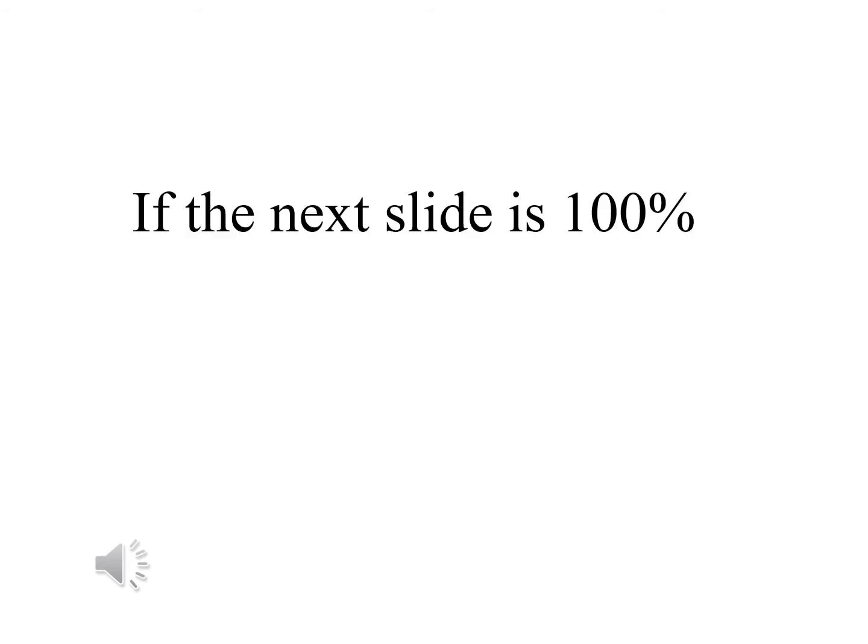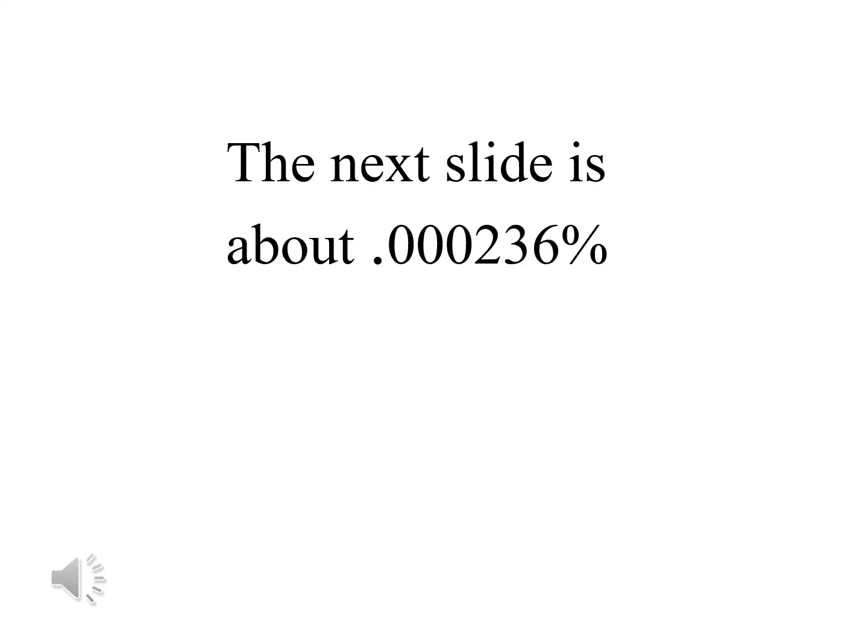I also showed that if the next slide is 100% of the barium that we started with, here's the 100%. The next slide shows the amount that would be left if it was 0.000236%. And here's the amount left, if you can find it.